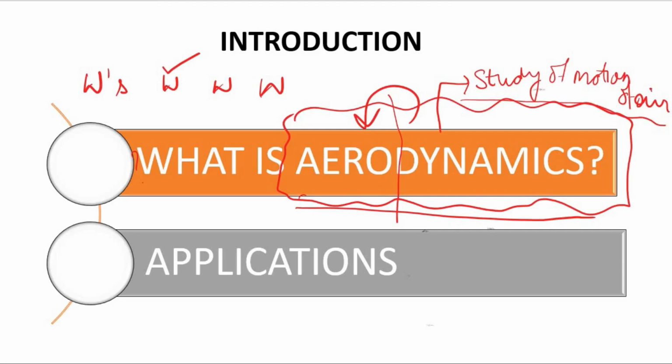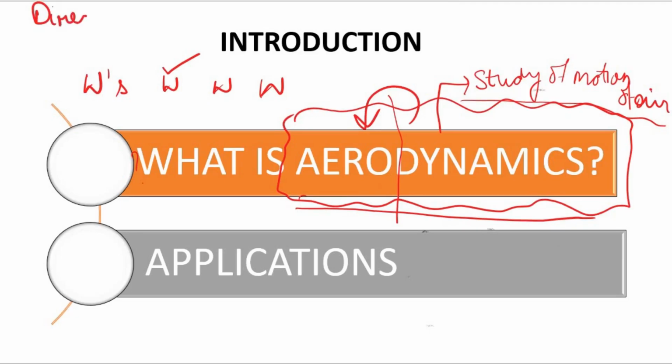So there are a few terms that we will look at. The first term I'm writing down here is direction. The second, I would say speed, and third, I would say effect.